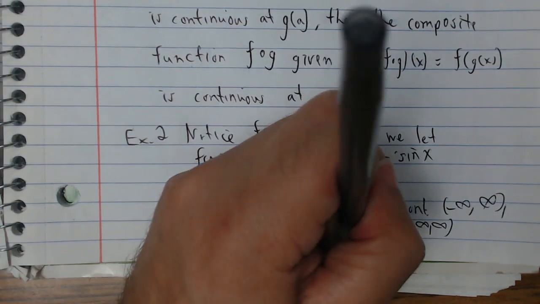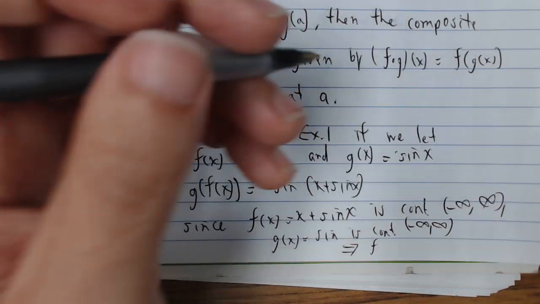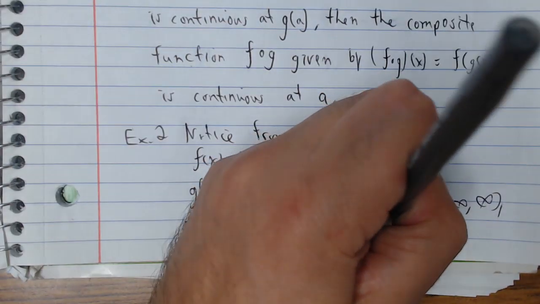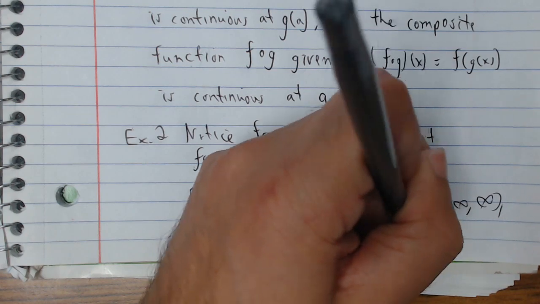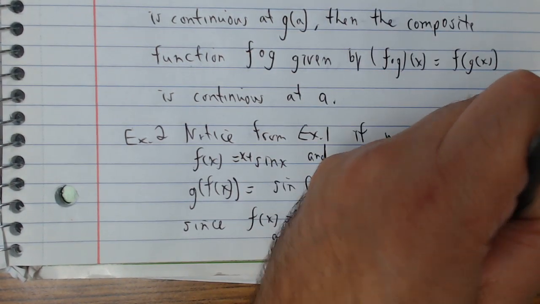What does this imply? This implies that g of f of x is continuous on all reals.